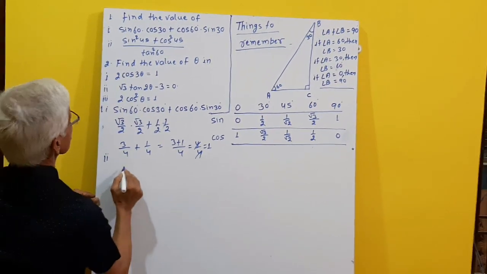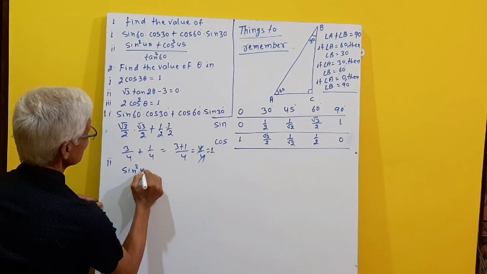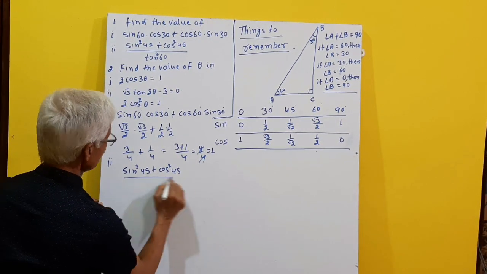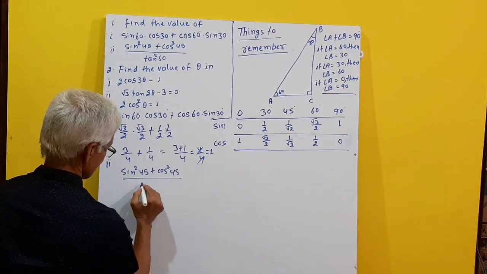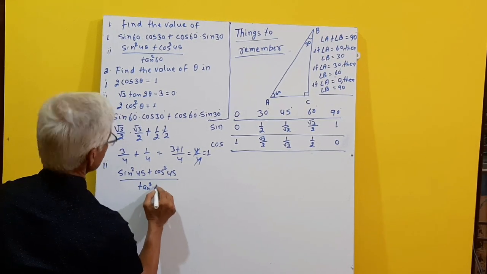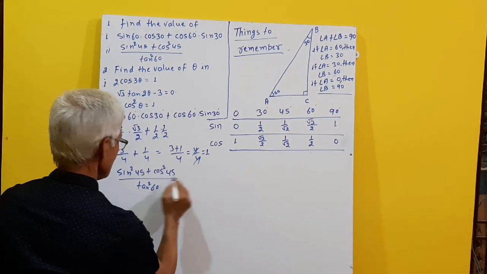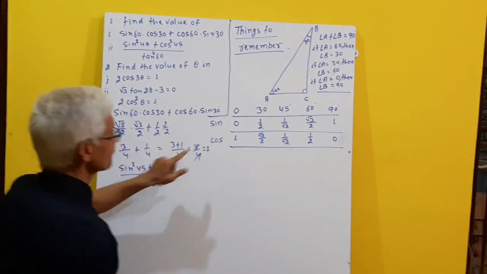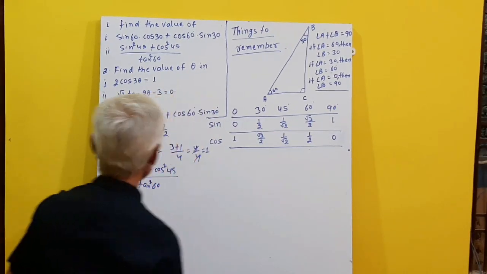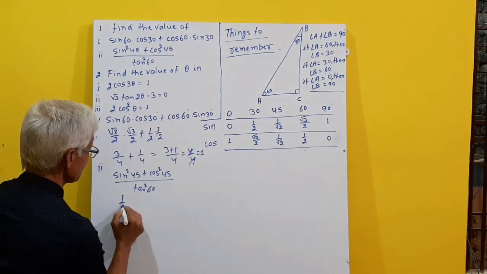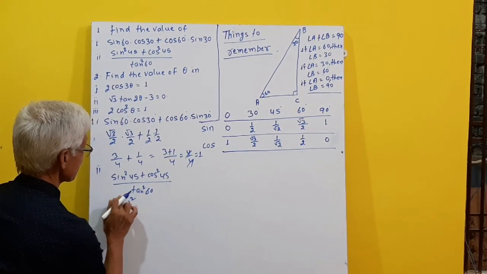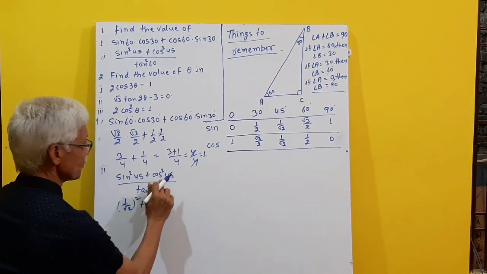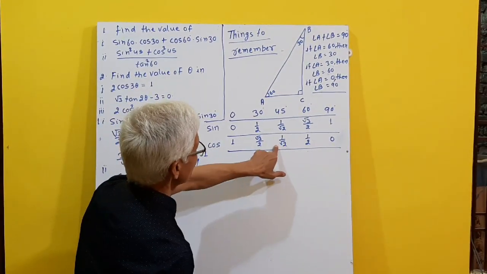Sin square 45 plus cos square 45 upon tan square 60 degrees. What will be the value of sin square 45? Sin 45 is 1 upon root 2, therefore it will be 1 by root 2 square, plus cos 45, 1 upon root 2 square.